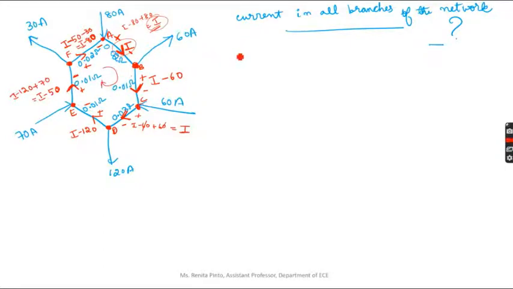Let me apply KVL to loop A, B, C, D, E, F, A. Let me start from the first I equation. When you are going in this circular manner, you will be entering the positive, so it will be minus I times the resistor, 0.02 ohms.